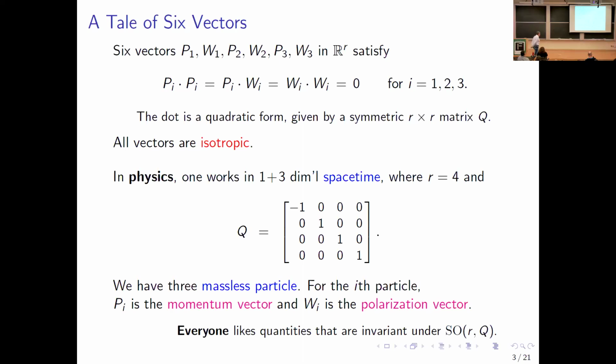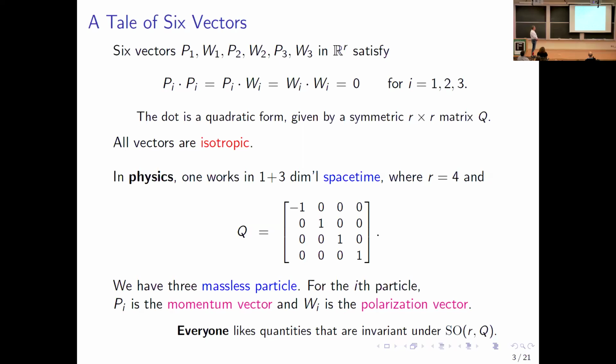Now, in physics, this is our favorite matrix. If the -1 were a +1, then this would be the usual dot product, but we have one -1. So the space around it is a 4-dimensional space, 3 space dimensions and 1 time dimension, and here we have this -1 for the time dimension.